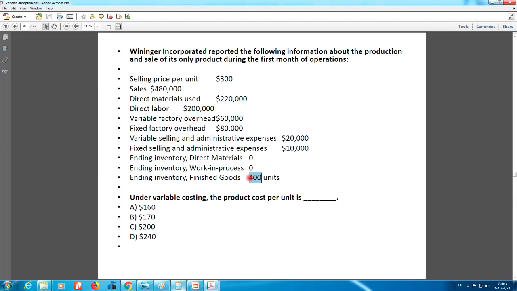So I want to calculate the total production. The total production equals sold units, plus the units included in the ending inventory, 400.